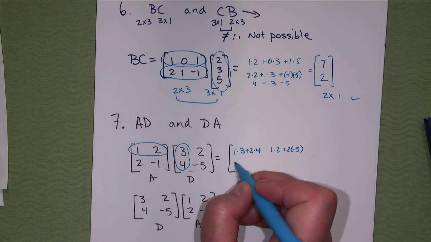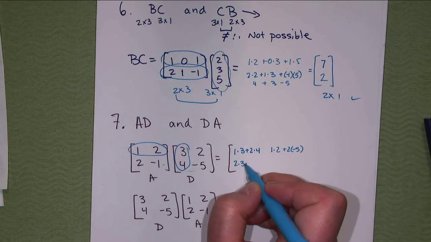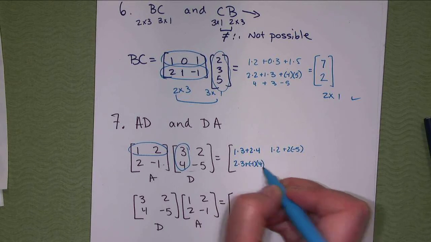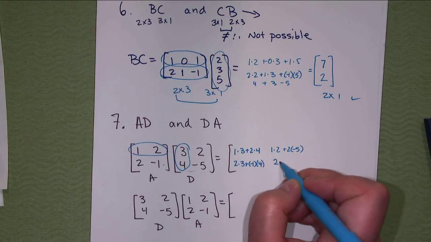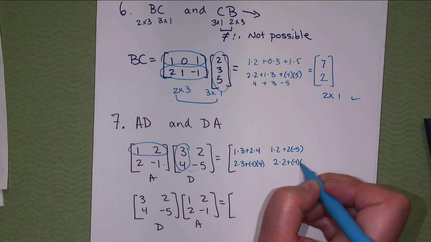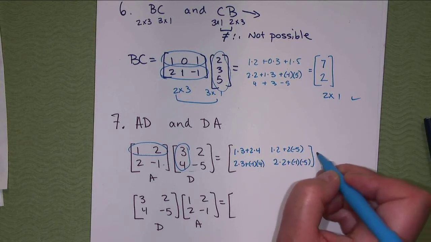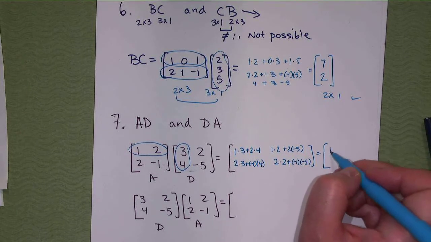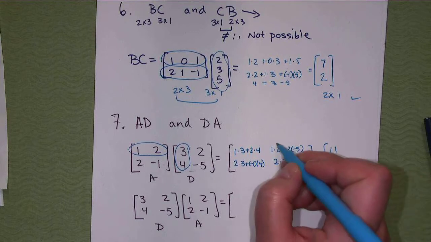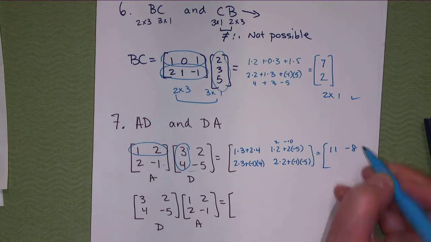I'm just going to do it quickly to get the answer, and you can try it later. Two minus 10 is minus 8. 6 minus 4 is 2, and 4 plus 5 is 9.